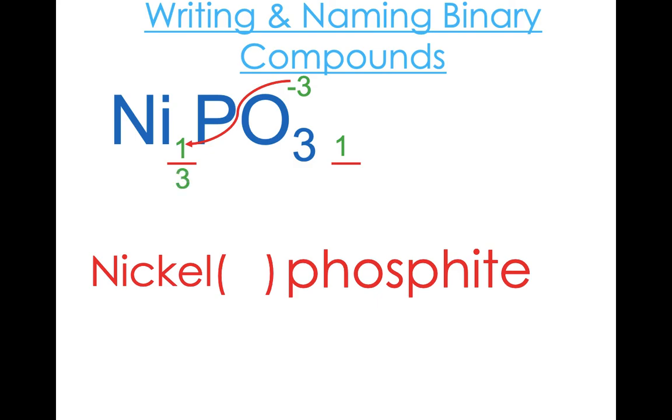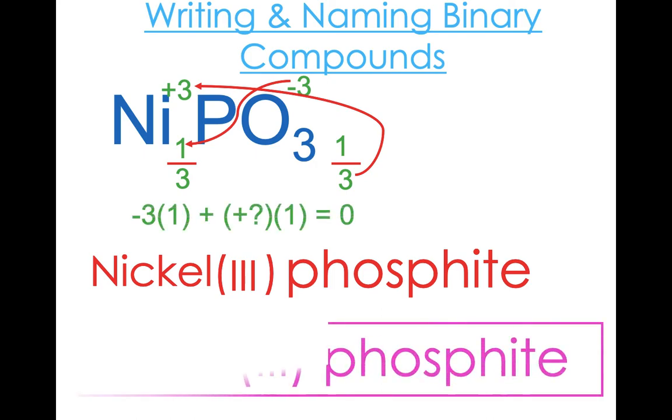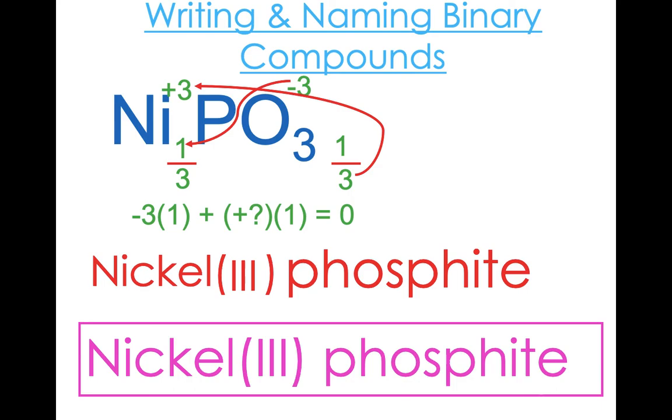A 1-to-1 ratio is the same as a 3-to-3. It was reduced, which means the original charge on the nickel was a +3. So this is nickel 3 phosphite. You can also double check the math to make sure that you have something that's neutral. 1 at a +3 and 1 at a -3 gives you something that's neutral. Overall, the crystal has to be neutral.